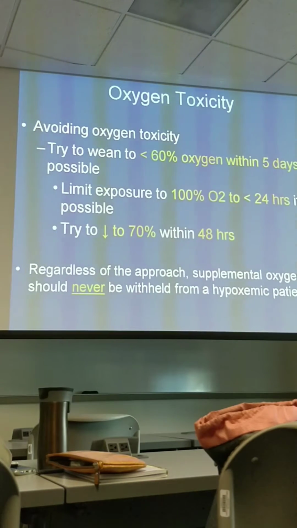Try to decrease down to 70% within the first 48. The idea is to wean down to below 60 within 5 days to try and avoid oxygen toxicity and all the effects that we just said: destruction of the AC membrane, decrease in compliance, infiltrates on X-ray.